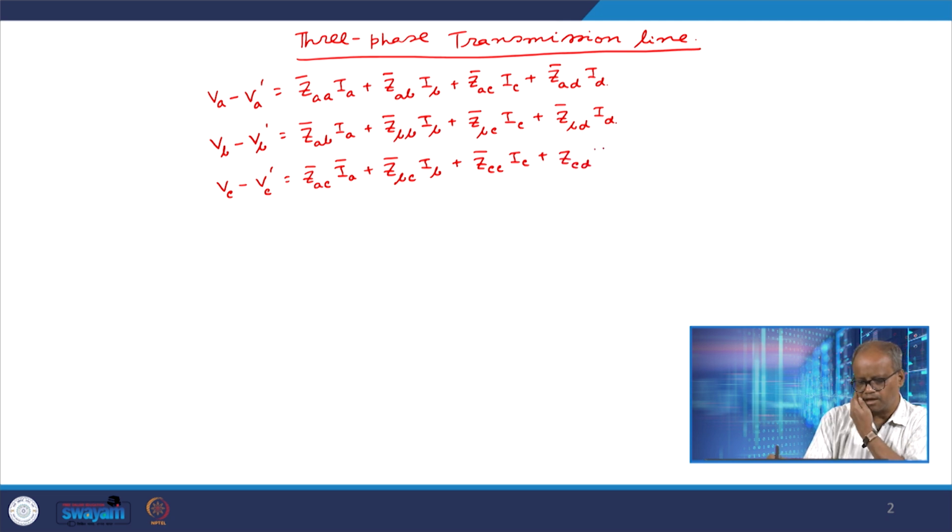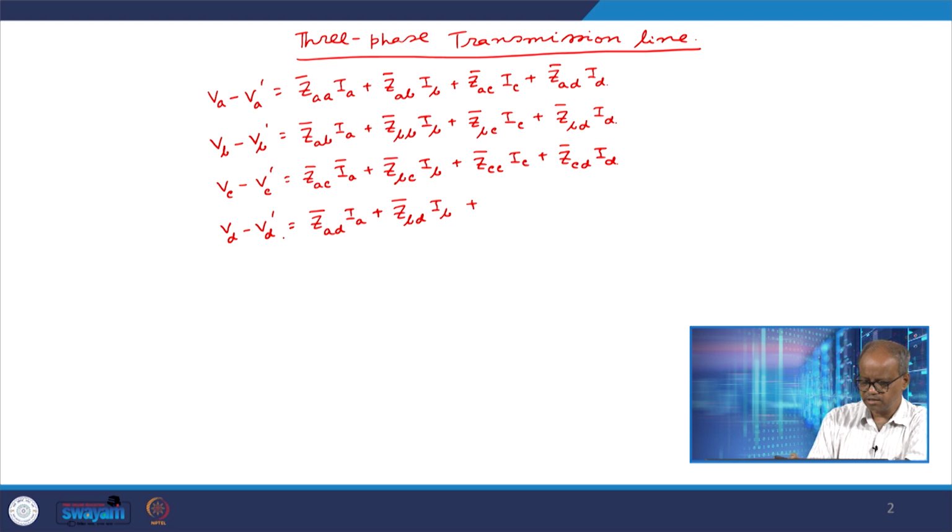And then of course VD minus VD dash is equal to ZDA, that is ZAD, IA plus ZDB, that is ZBD. Please note all these variables have been defined in the last lecture.